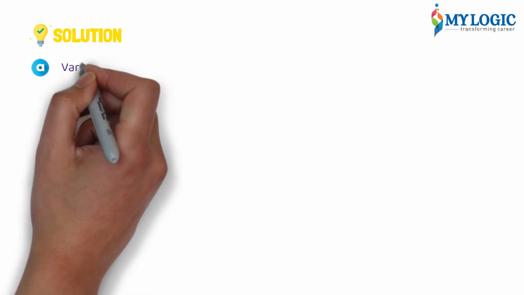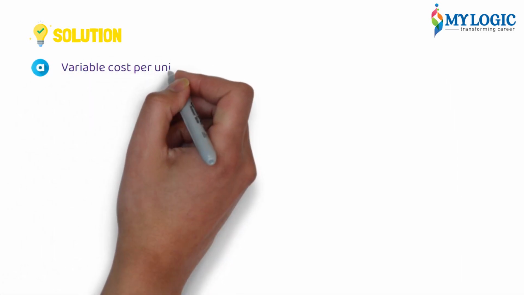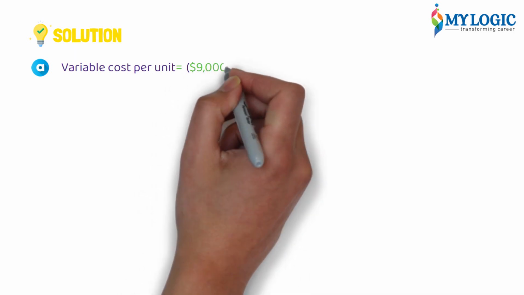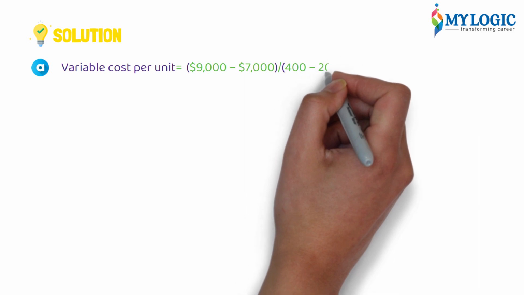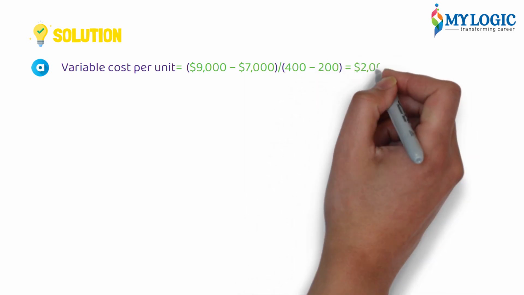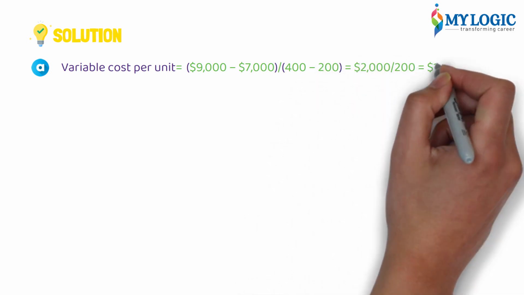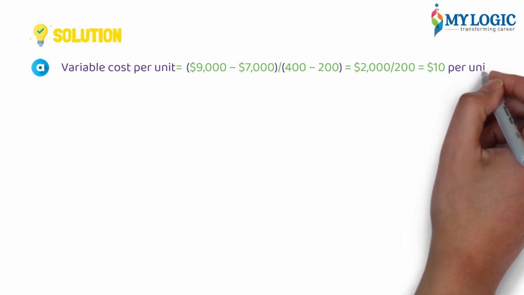Solution: A. Variable cost per unit is equal to $9,000 minus $7,000 divided by 400 minus 200, which is equal to $2,000 divided by 200, which is equal to $10 per unit.